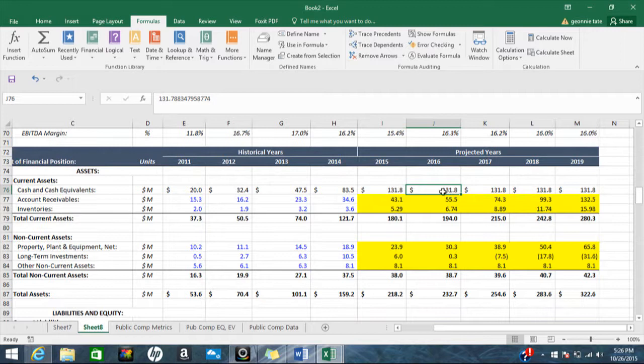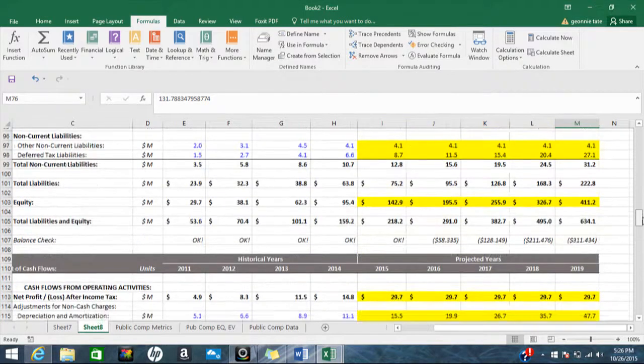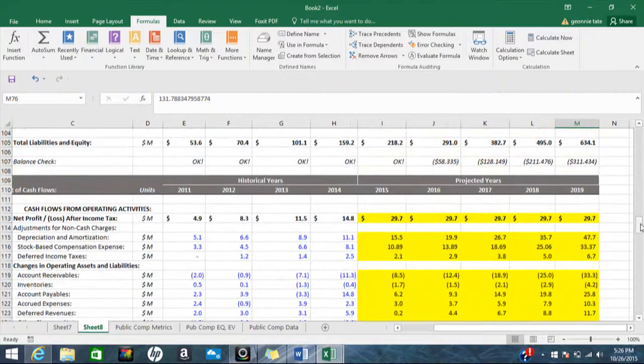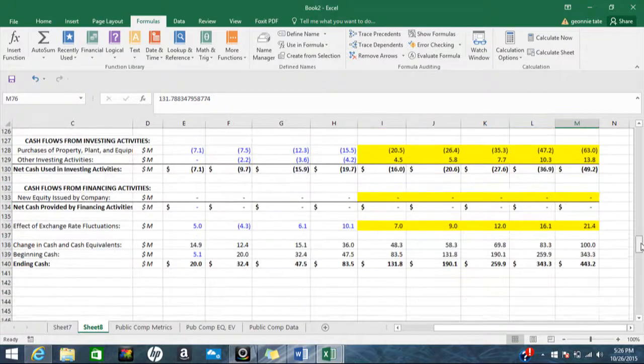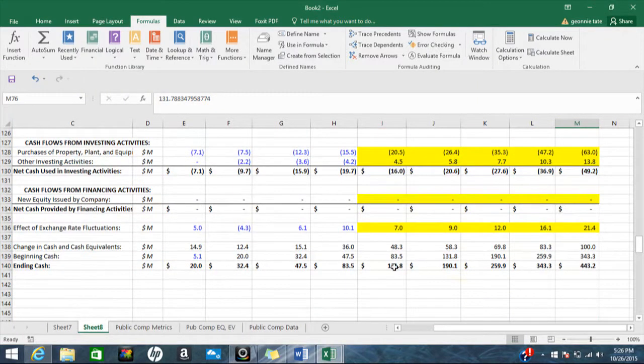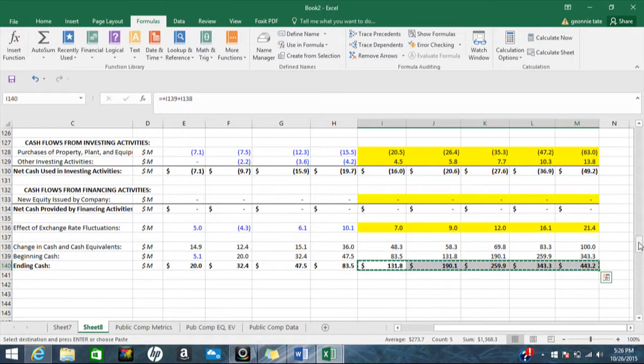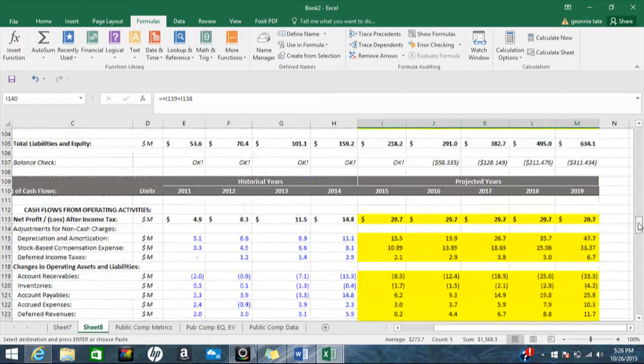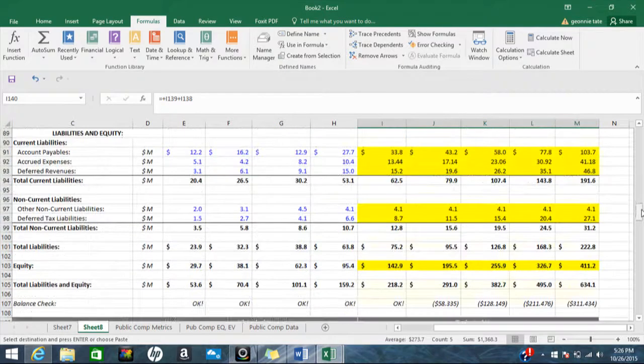Okay, this was wrong here. See how these numbers are the same here? This is one of the things that are wrong. Set to take my last ending cash here. It's probably not all of it, but this is probably a good chunk of what's wrong.